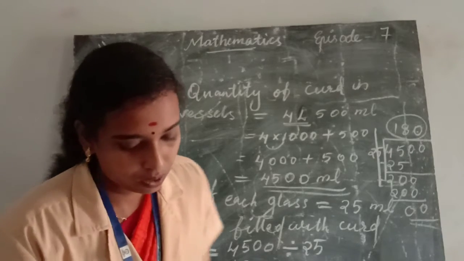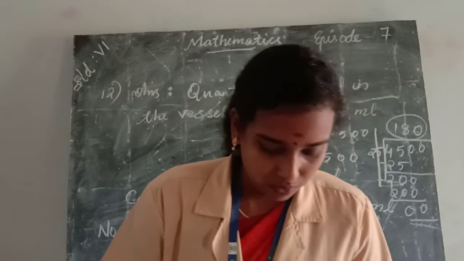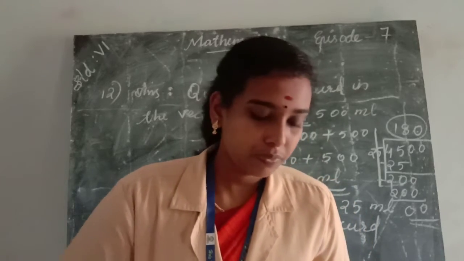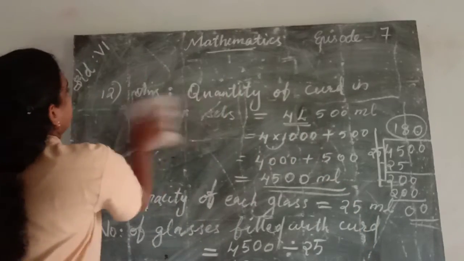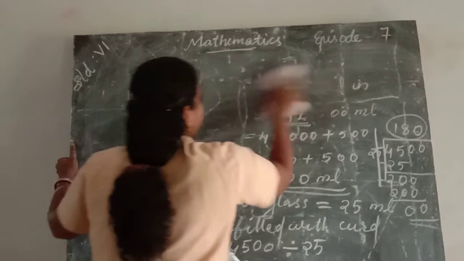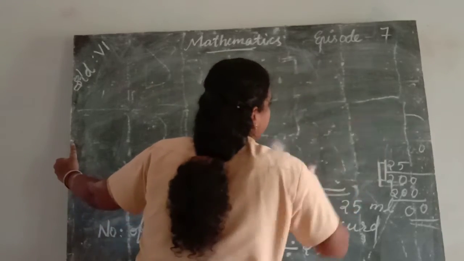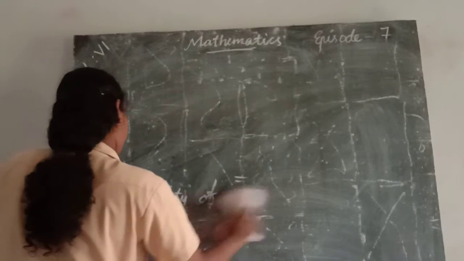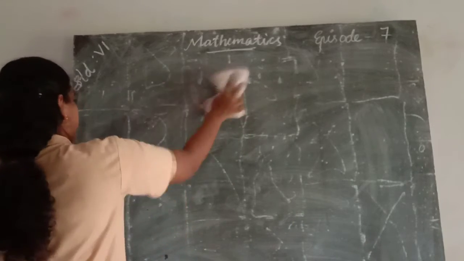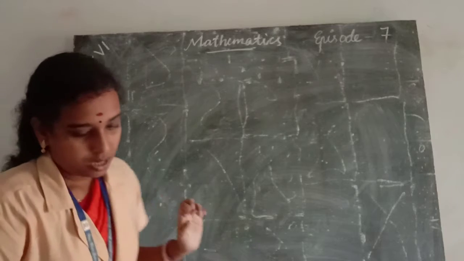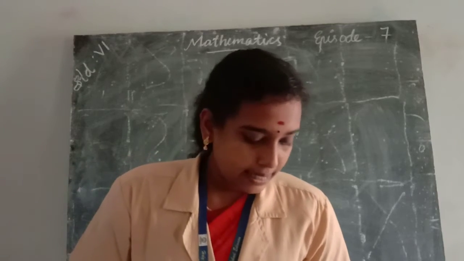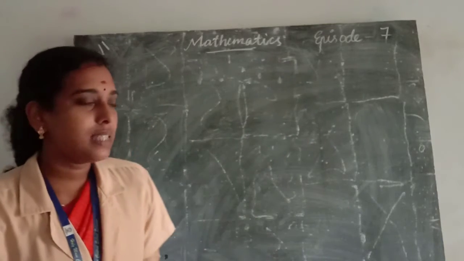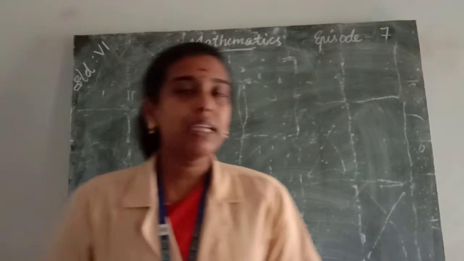Okay. So exercise 1.2 is over, and the next portion is estimation. Estimation means an approximate calculation.